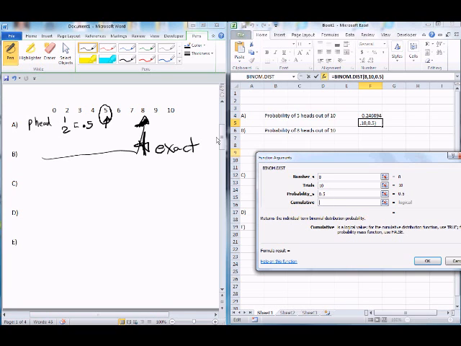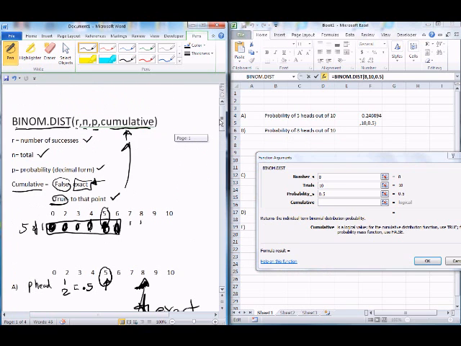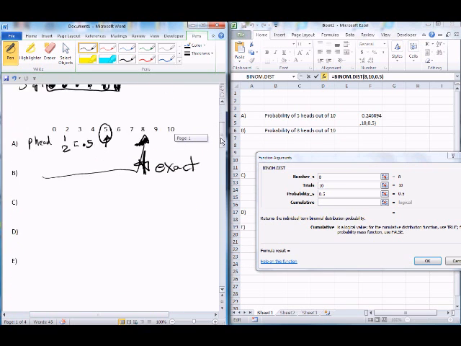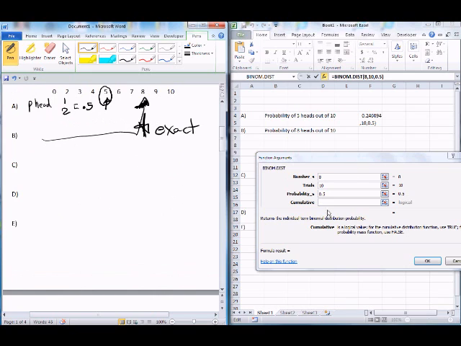And cumulative, once again, we want an exact number. Exact is false. So you type in either true or false, and if you click on this, you see down here it says you type in true or false. So I'm going to type in false.